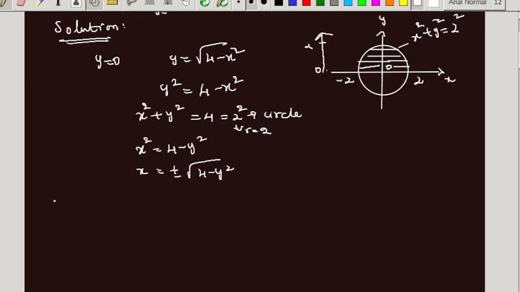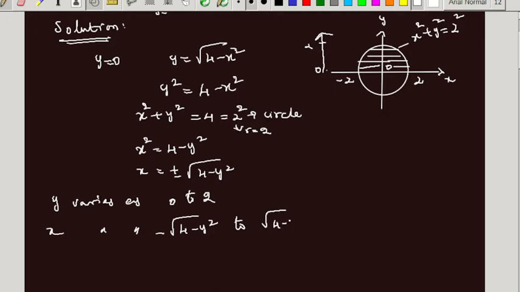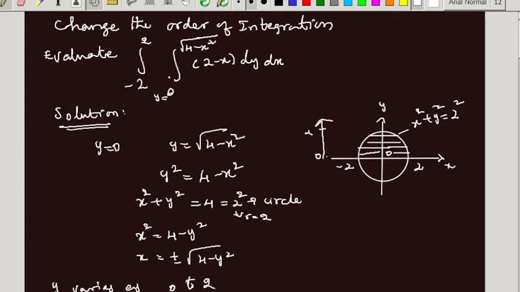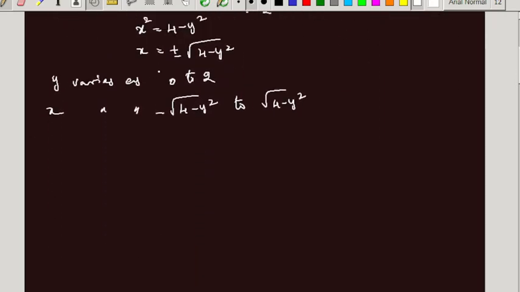Then x varies as follows: the circle curve on the left is minus square root of 4 minus y square, and on the right hand side it is square root of 4 minus y square. So these are the limits. We have changed it from minus 2 to 2, 0 to square root of 4 minus x square, for the function 2 minus x, dy dx, in this way.